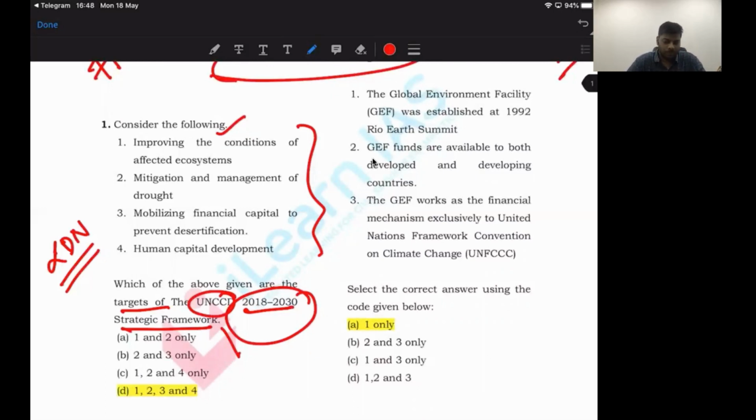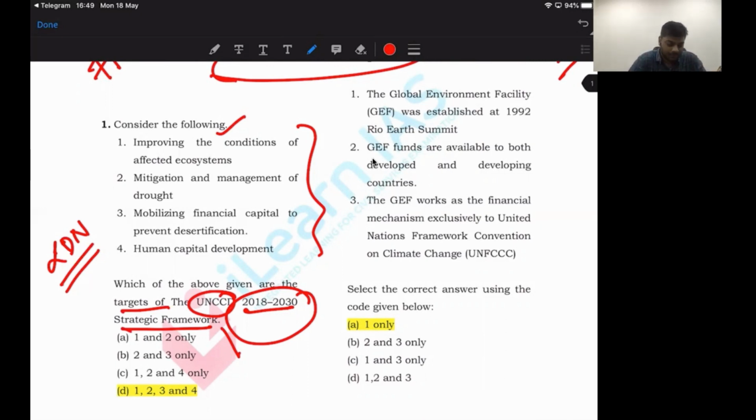So which are the components, the objectives, of that strategic framework?